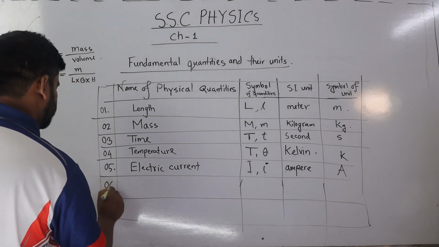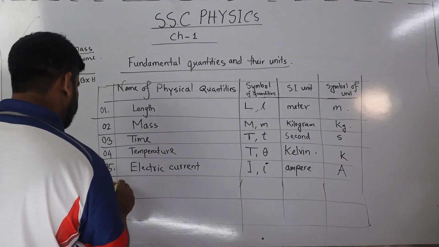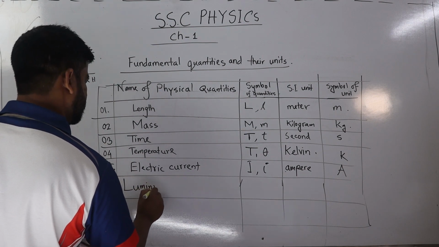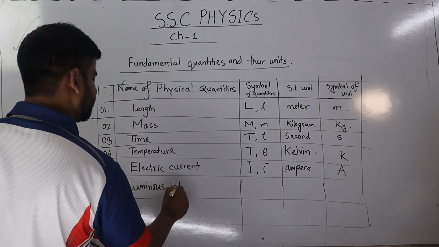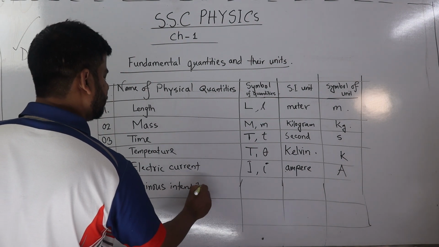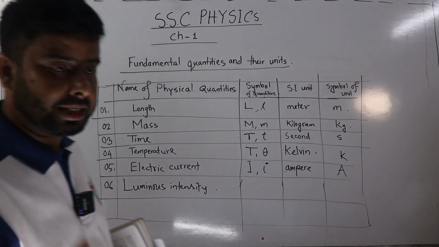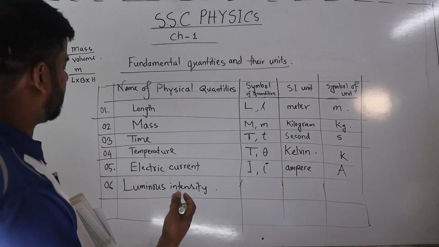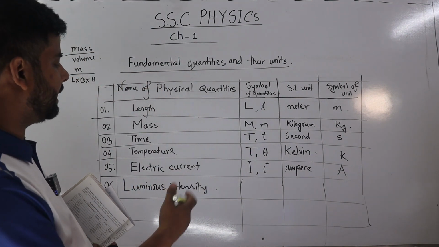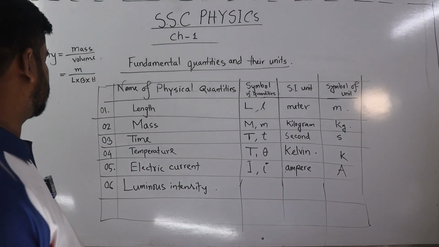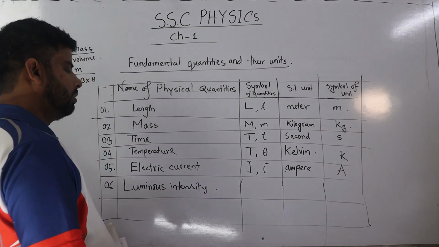Then number 6, luminous intensity. What is the meaning of luminous intensity? The amount of light energy passing through a cross-sectional area perpendicularly per unit time is called luminosity.